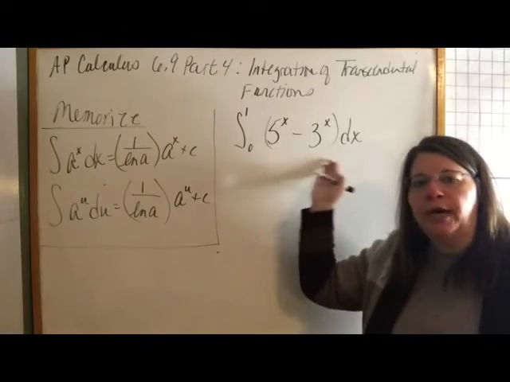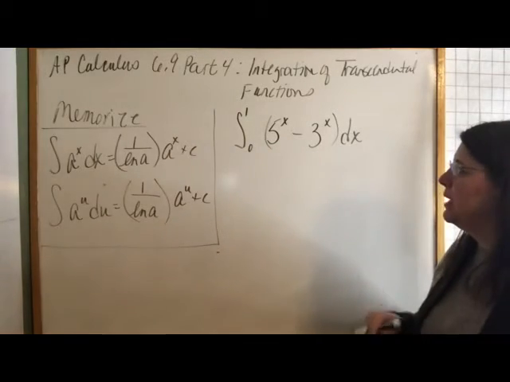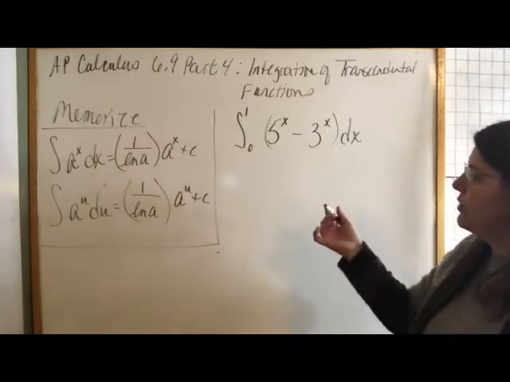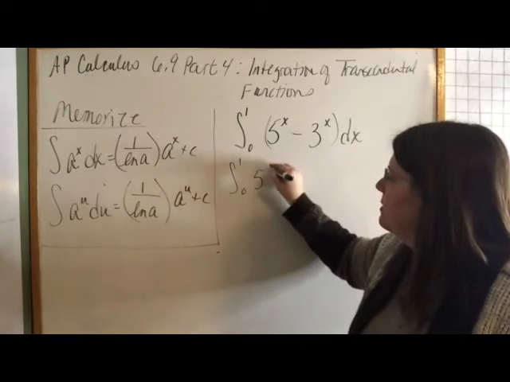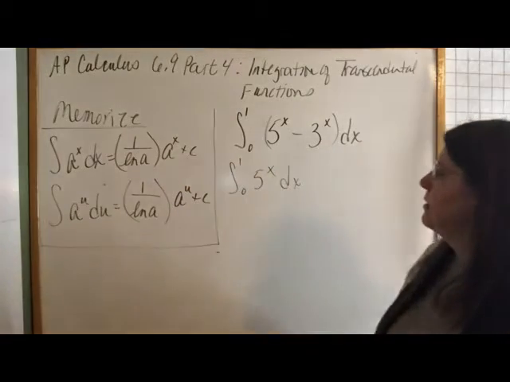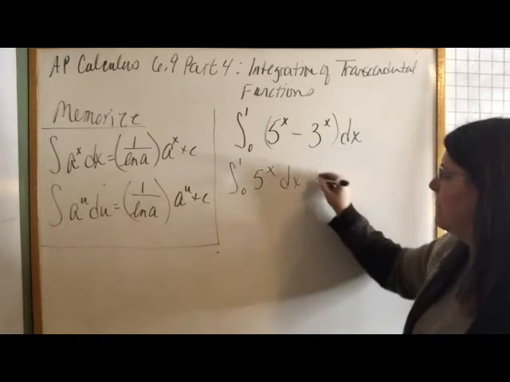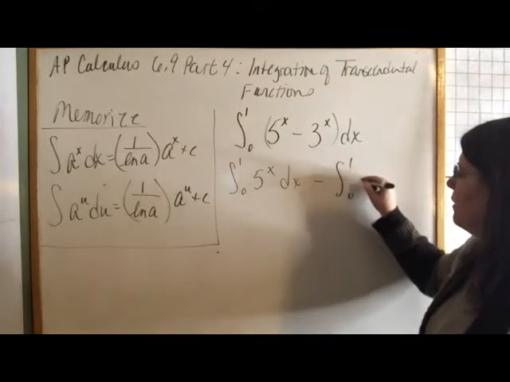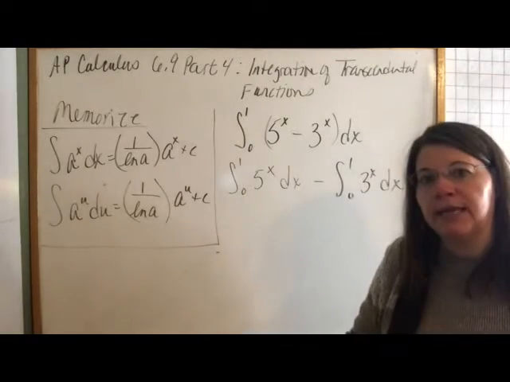So here we have one that has 2 transcendental functions within the same problem. Now keep in mind, we are still allowed to separate this into 2 separate problems. That's the same thing as the integral from 0 to 1 of 5 to the x dx minus the integral from 0 to 1 of 3 to the x dx. There's nothing wrong with doing that.